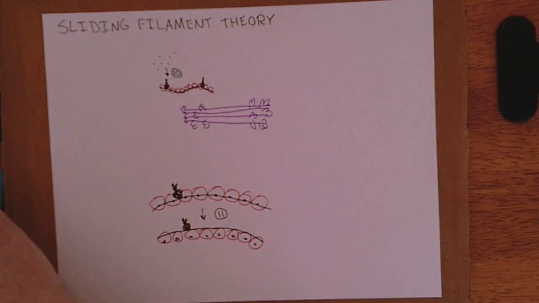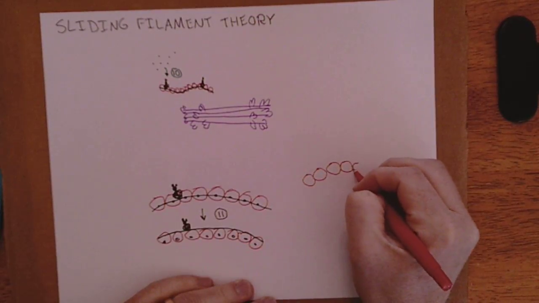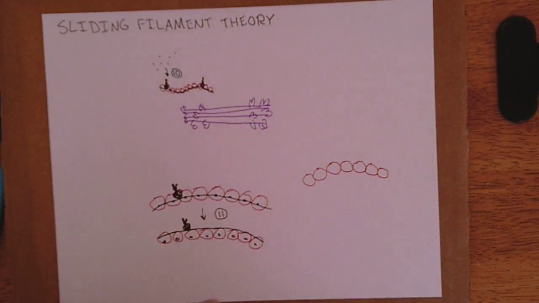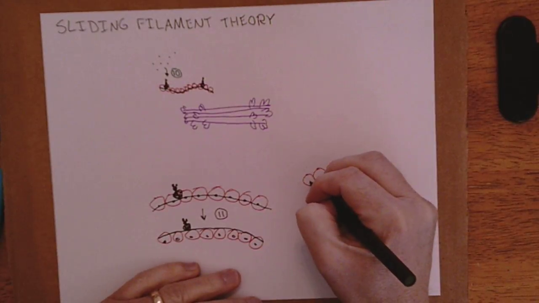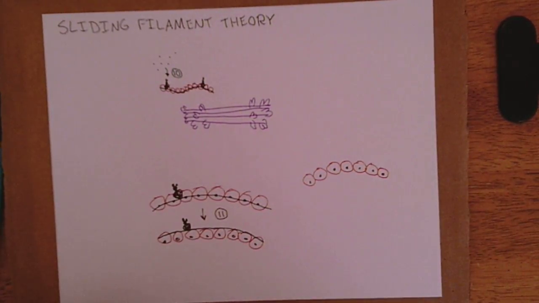Okay? And then what happens is that the myosins of the nearby thick filaments can now use ATP to spring up and attach to those binding sites.